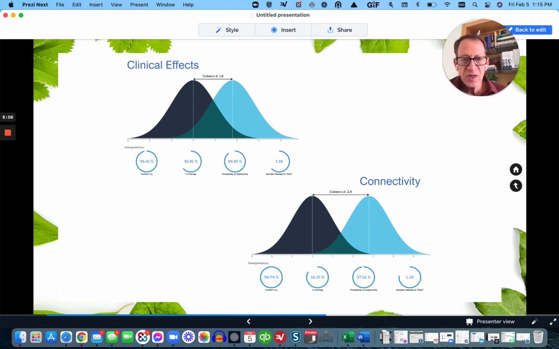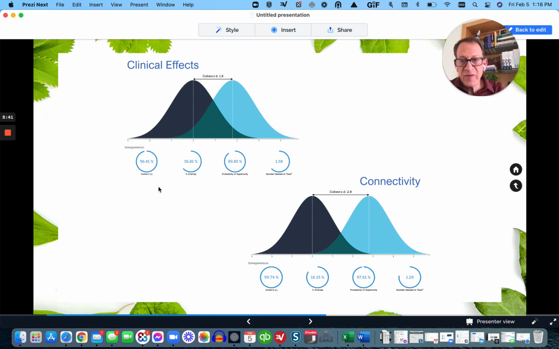Our Cohen effect size was 1.8, which is 3 to 4 times the value of an expected moderate to extreme effect size. When we look at connectivity in general, the Cohen effect size is 2.8, which is hard to do the math on. But if you look at maybe 0.5, you're looking at 5 or 6 times the ratio of that, which means that there's a 99.7% chance that this is a real effect.